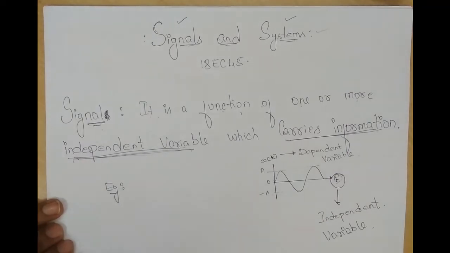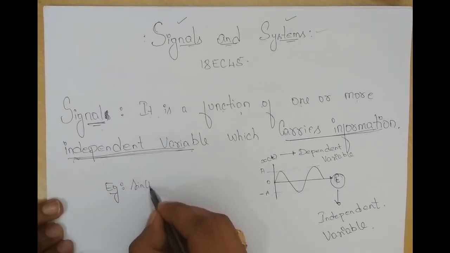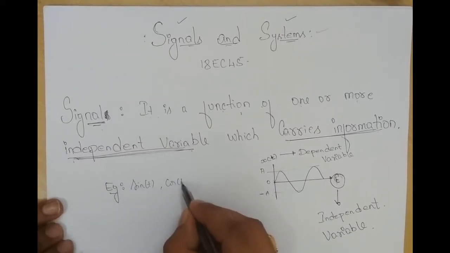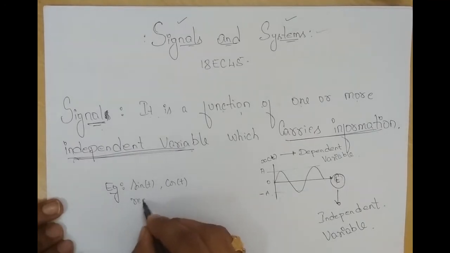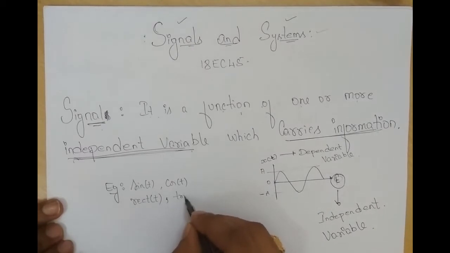For example, sine t, cos t, rectangular pulse, rect of t, triangular wave.